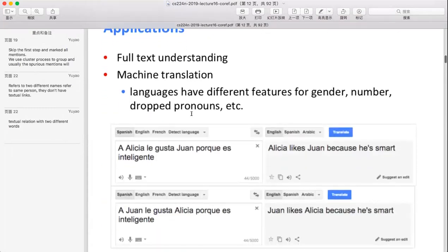Another example is Google Translate. Alicia liked John because he is smart. Google Translate helps us identify that he means John, who is male, so it puts he instead of it or she. Google Translate has a built-in coreference identification system that shows what he refers to.